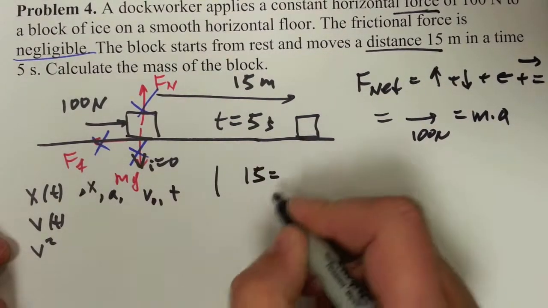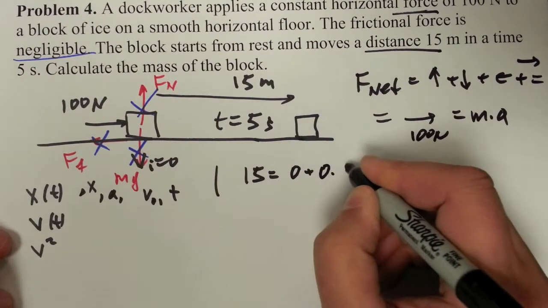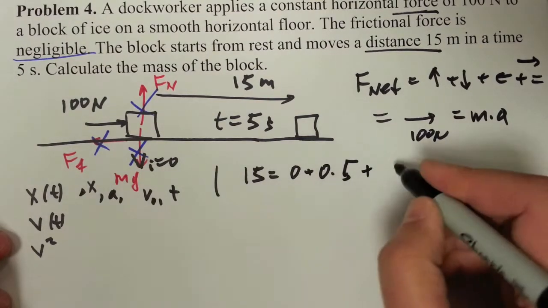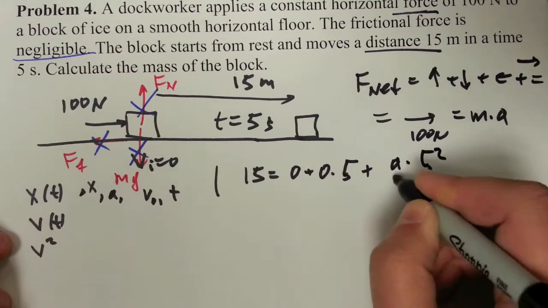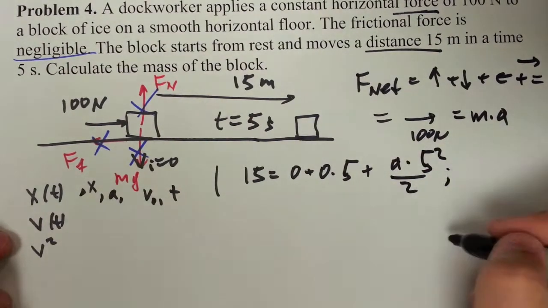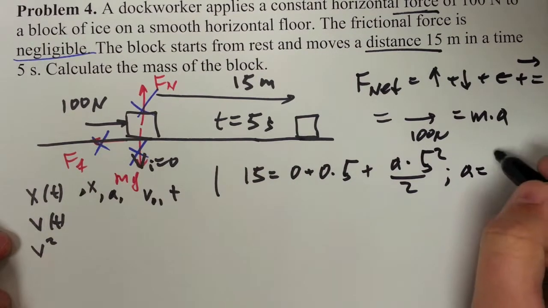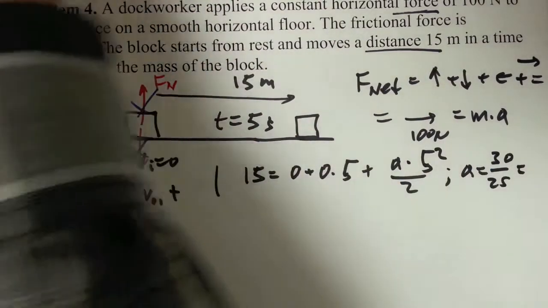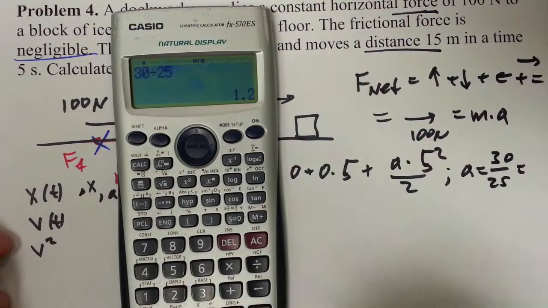15 meters should be equal to 0 plus 0 times time, well, 5, plus acceleration times time, which is 5 squared divided by 2. So the acceleration will be equal to, well, that's 30 over 25, 1.2.